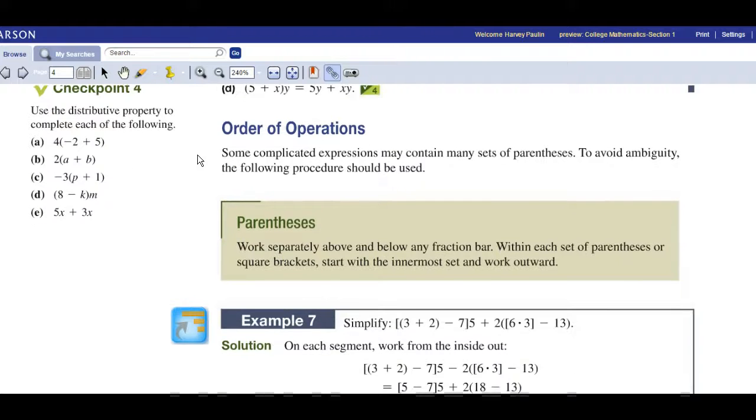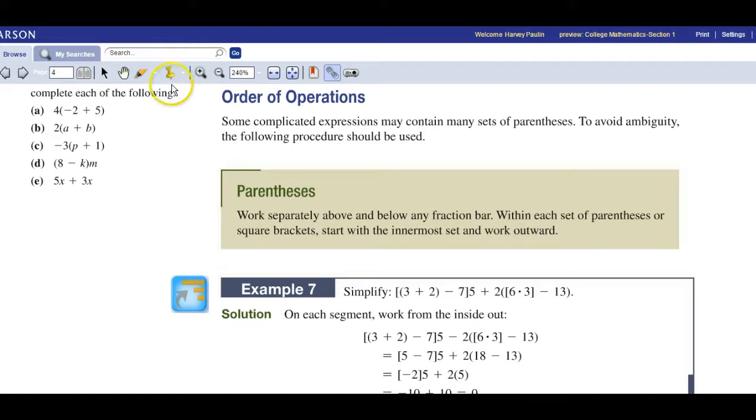Okay, let's go on to our next little subsection, which is called order of operations. In this, we get the acronym Please Excuse My Dear Aunt Sally, which pretty much is a hint at what is the order of operations, where P stands for parentheses, E stands for exponents.